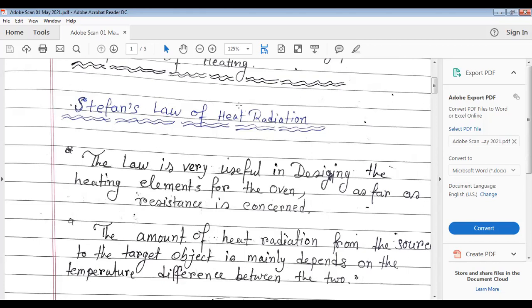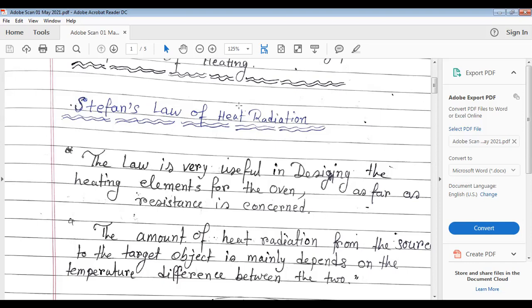Nowadays, we are using induction heating for welding purposes and for melting metal. In that case, we always follow Stephen's law of heat radiation, and we have to design such a heating body so that it can be very useful, efficient, and economic for our utilization purpose.